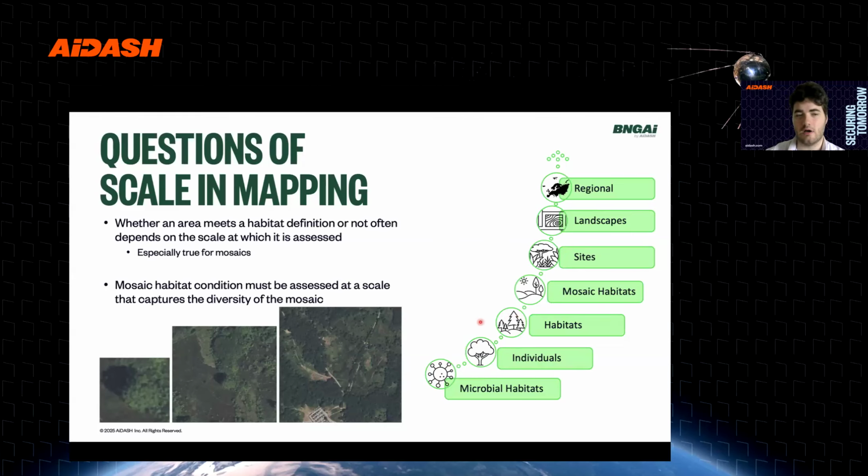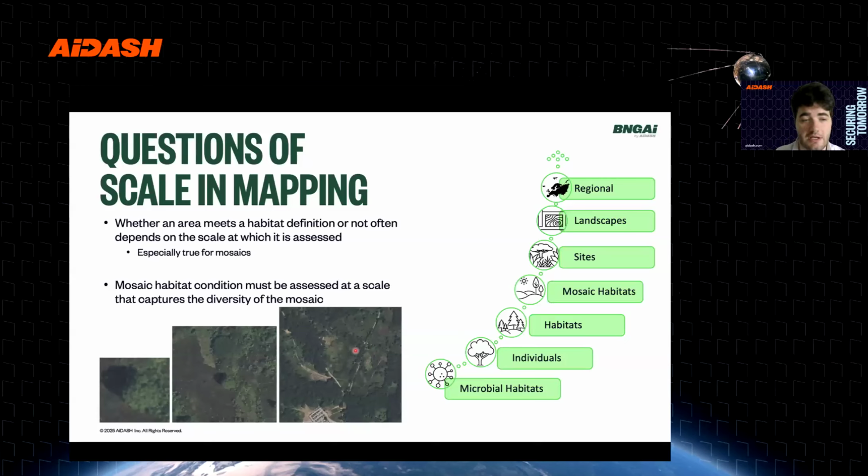Then we have habitat scales that are like, say, whole habitats. So here, in this example of heathland, we have our individual tree scale. We have a scale that maybe is considering that tree as part of an area of scrub or heathland. You have scales beyond that, which are mosaic habitats, where we might say, okay, this mix of heathland, scrub, grassland is all really one heathland polygon. Or beyond that, maybe it's part of a wood pasture polygon.